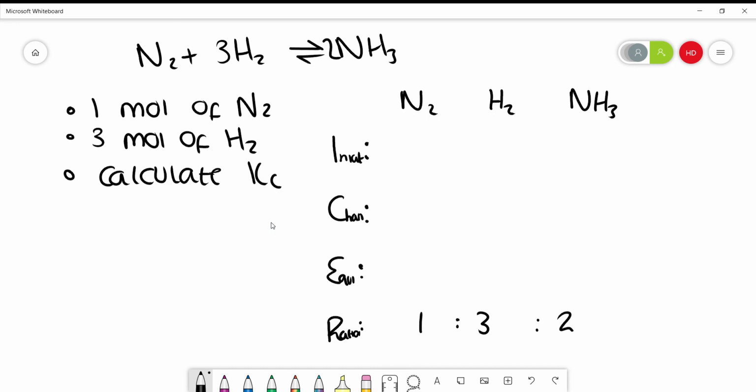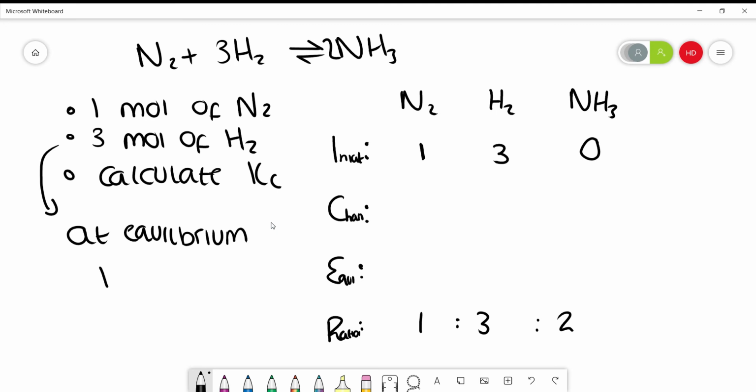Your initial you know from your question, and initially you'll have none of your product because nothing has reacted yet. In the question you'll also be told something, like at equilibrium 1 mole of hydrogen remains. So then you know at equilibrium you've got 1 mole, so you know the change there is -2.